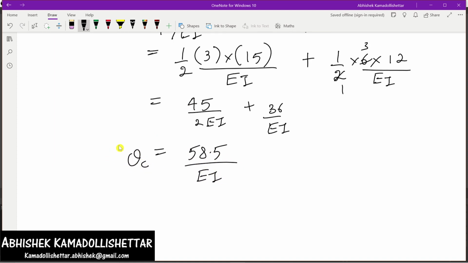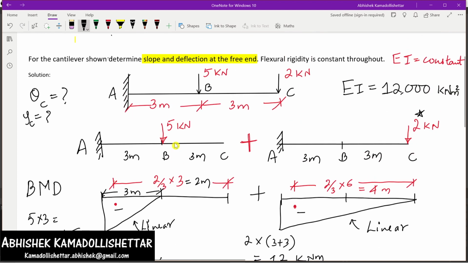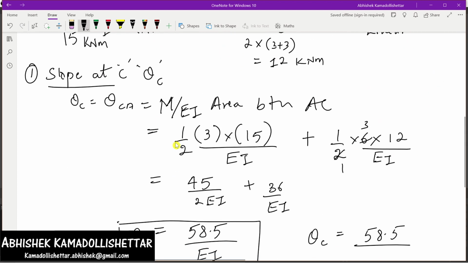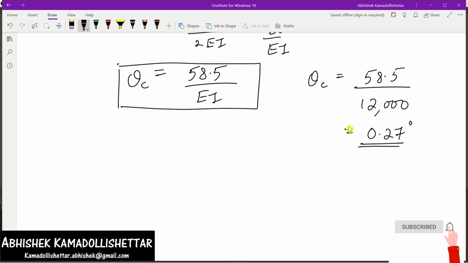So the theta C value here, the slope, is 58.5 by EI. Now you can substitute the value: 58.5 divided by the given value of EI, which is 12,000 kilonewton meter square. So you will get 0.27 degrees. Okay, 0.27 degree is the slope.